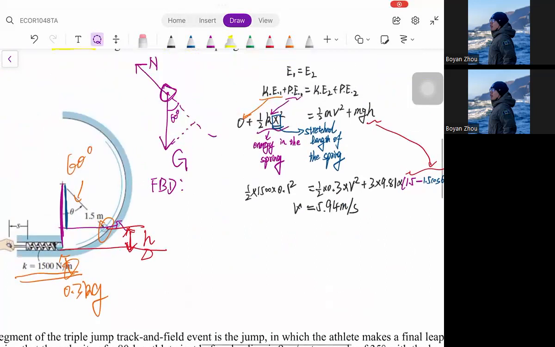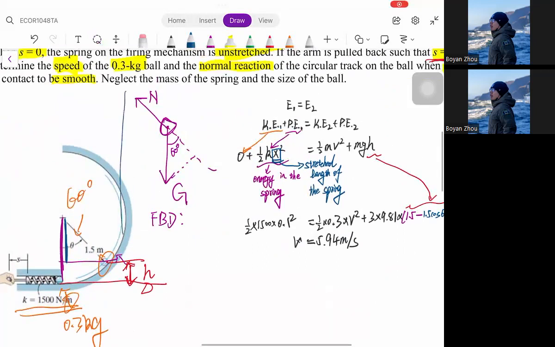And next, we're going to use the free body diagram here to find the reaction force.